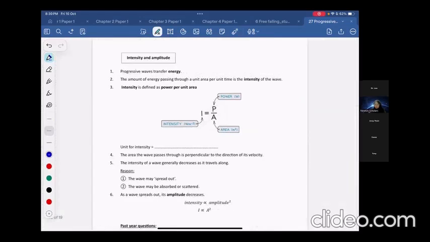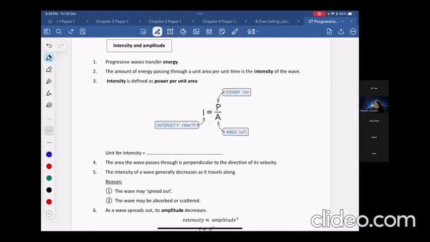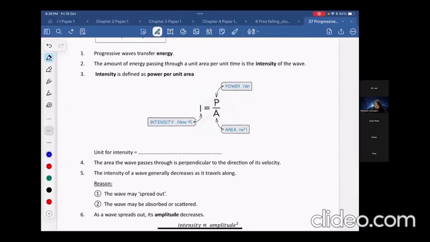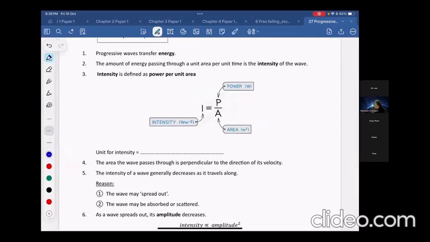Okay. So boys and girls, we come to intensity and amplitude. We know that the progressive wave will transfer energy. The amount of energy passing through a unit area per unit time is called intensity.